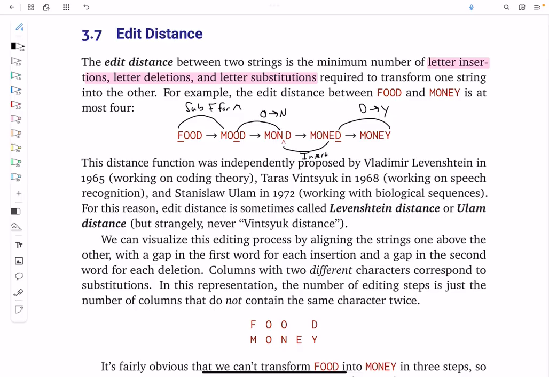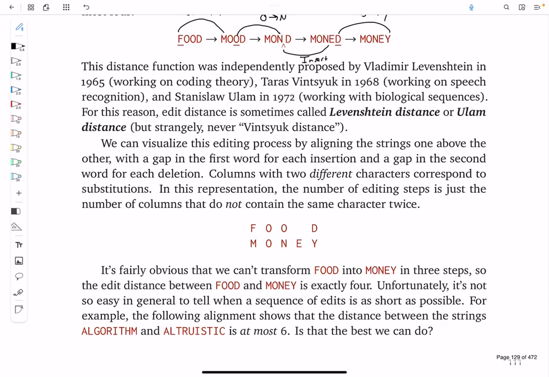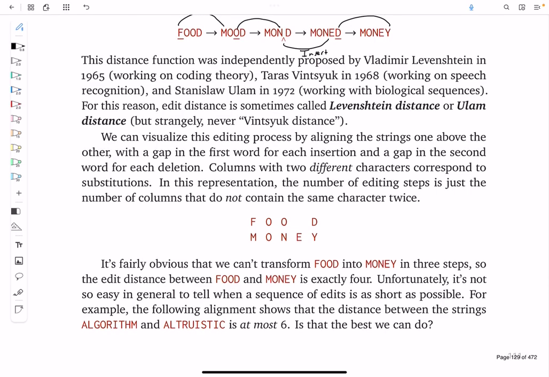Now, the goal is to figure out the minimum number of these operations we can use to do this process. In particular, for any choice of deletions and insertions, we can actually draw an alignment of the two words.